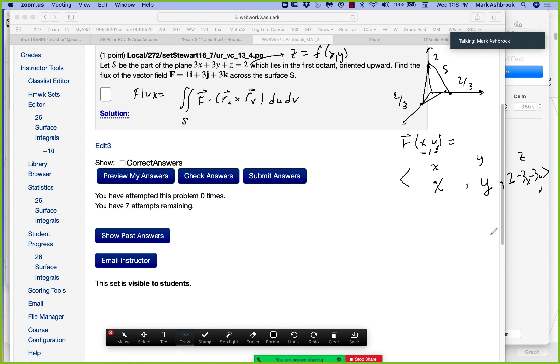Okay, so we're going to do two things with that. We're going to rewrite function F in terms of that, because again, all we care about is the points on the plane. This tells us all the points on the plane. And then we're also going to find this cross product.